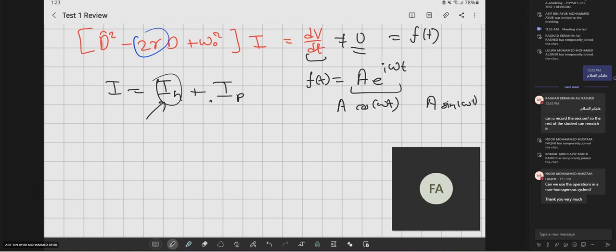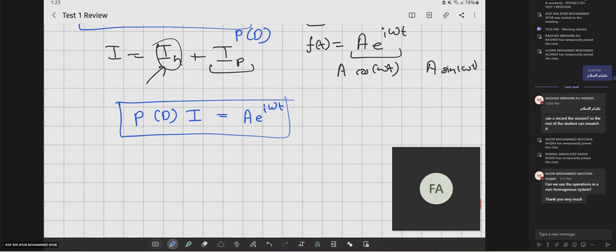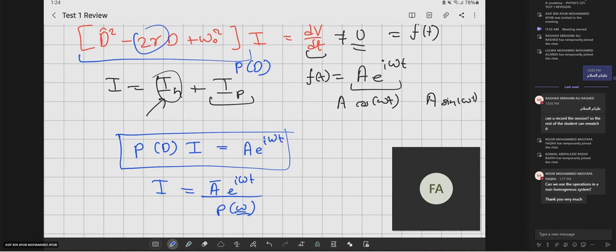My claim is that if I consider this to be P of D, a polynomial function, so the equation will be P of D of I equals A e raised to i omega t, then the solution will be A e raised to i omega t over P of omega. So you substitute omega everywhere you see a D.